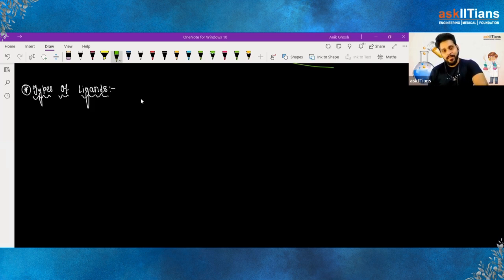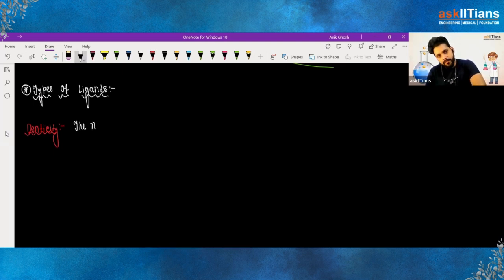So types of ligands, guys. That's why there's a term called denticity here. Let me change the color. There's something called denticity here. Now, what is the denticity? Note it down along with me, guys.